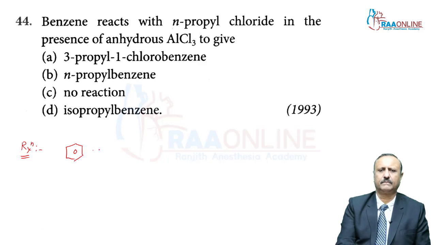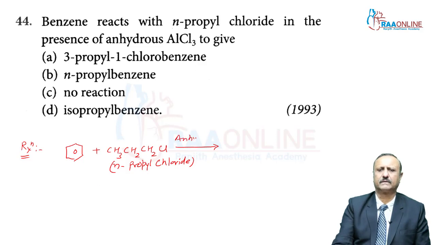This is the benzene and this is CH3CH2CH2Cl. This compound is called n-propyl chloride. This n-propyl chloride reacts with anhydrous AlCl3.